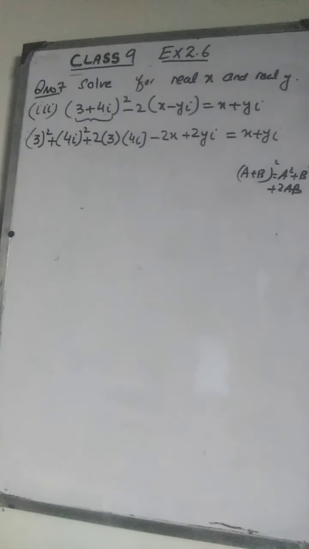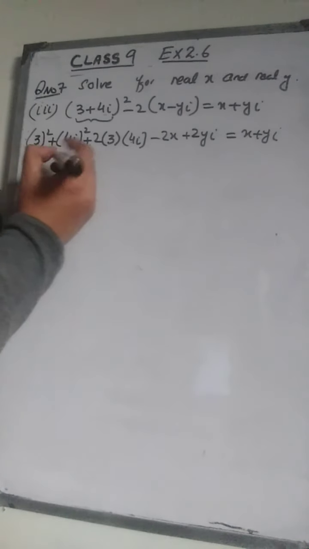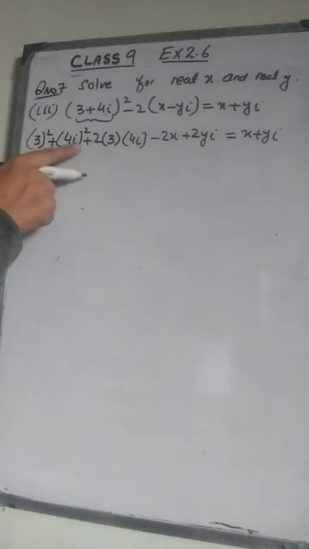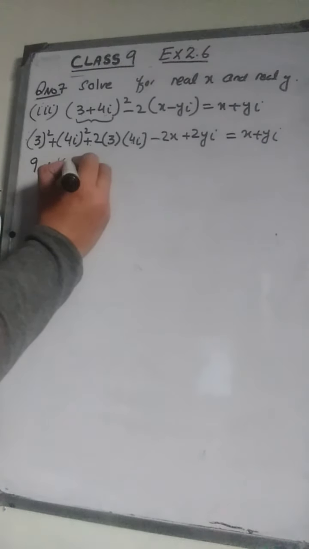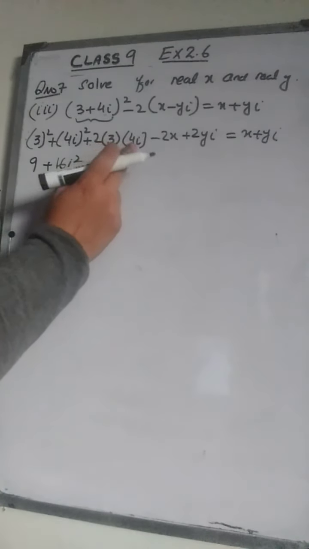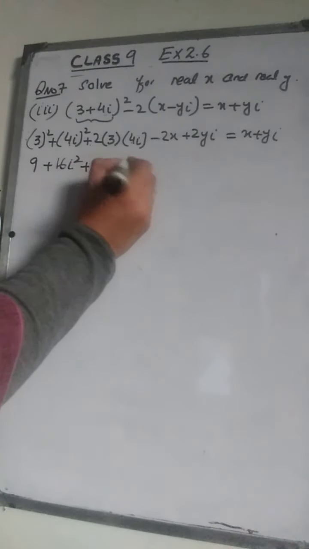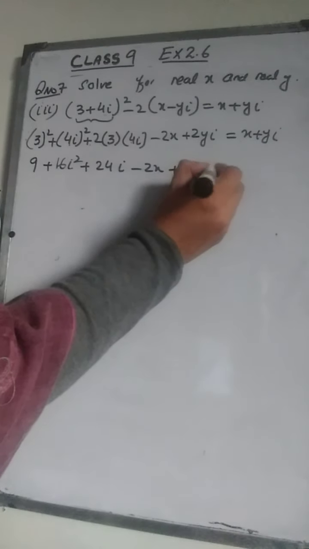In the next step I am going to simplify. 3 square is equal to 9, plus 4 square is 16, and iota square is equal to minus 1. 2 3s are 6 and 6 4s are 24, 24 iota, minus 2x plus 2y iota.